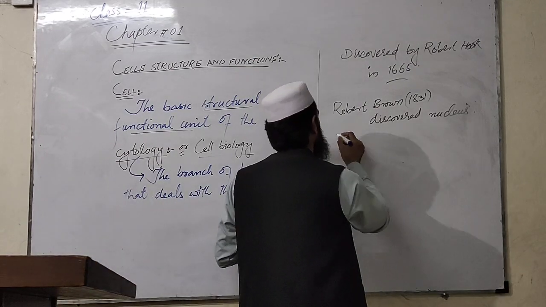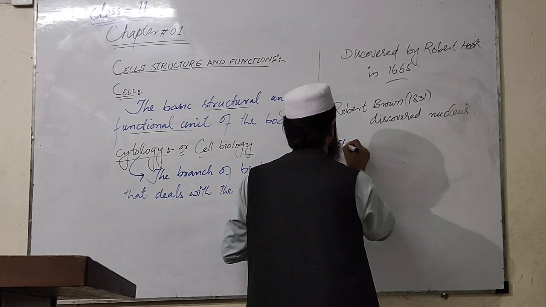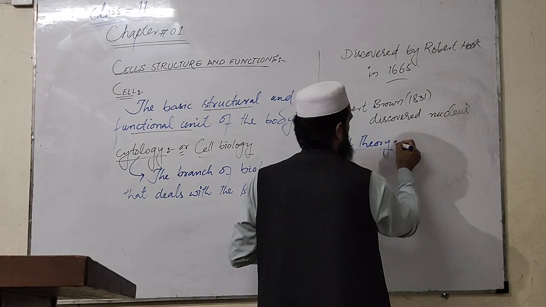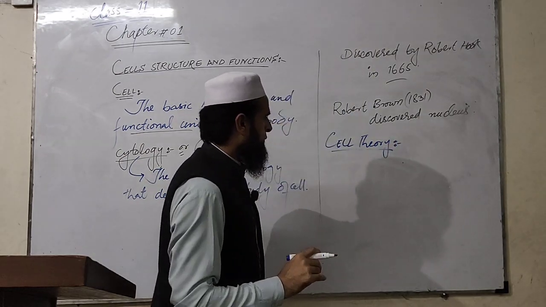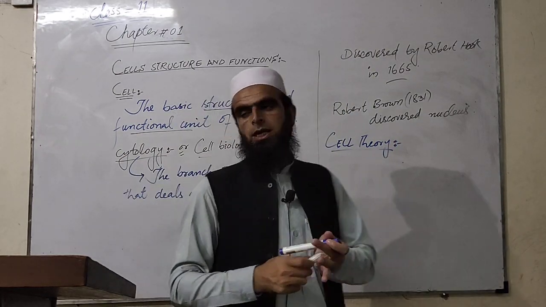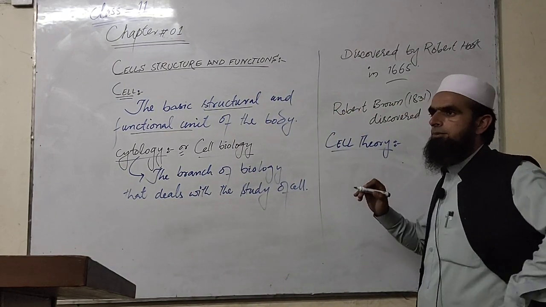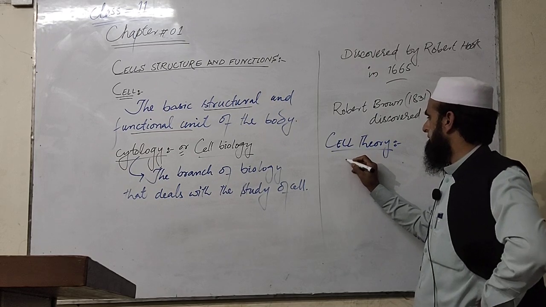Cell theory is a special kind of theory which was proposed by two different biologists in the mid 19th century.